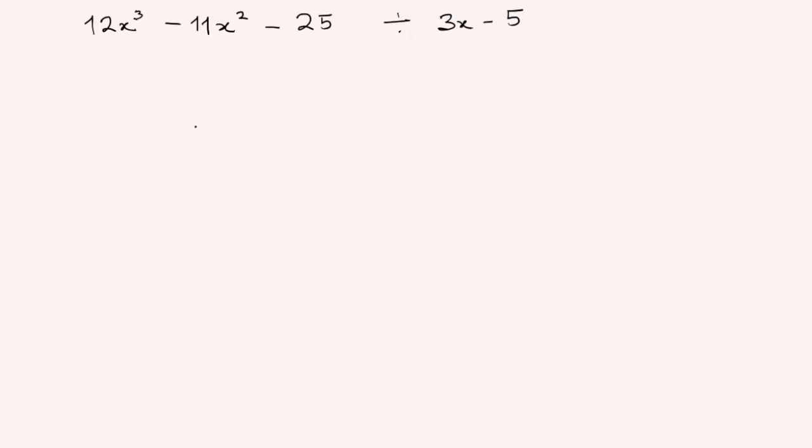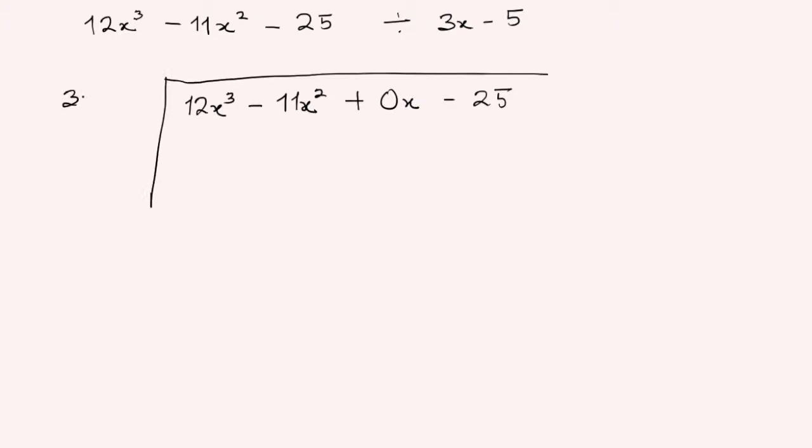So if we set up our division, we would rewrite this expression as 12x cubed minus 11x squared plus 0x minus 25, and then all this will be divided by 3x minus 5.